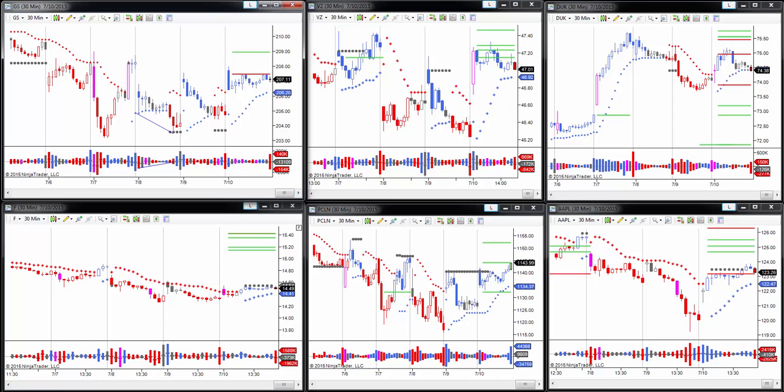As you can see right now, Goldman Sachs is at a resistance area on a higher time frame. I would be expecting it to bounce back and actually at least test the ATR. We see exactly the same patterns on Verizon.